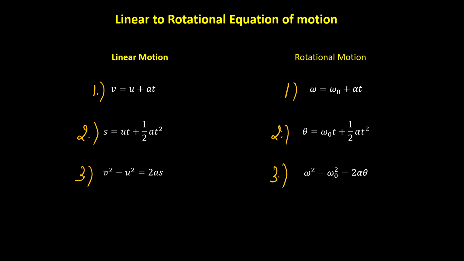But in rotational motion, omega is final angular velocity, omega naught is initial angular velocity, and alpha is angular acceleration. And in the second one, s is linear displacement, and in rotational motion, theta is angular displacement. So this comparison is important when we shift the system from linear to rotational motion.